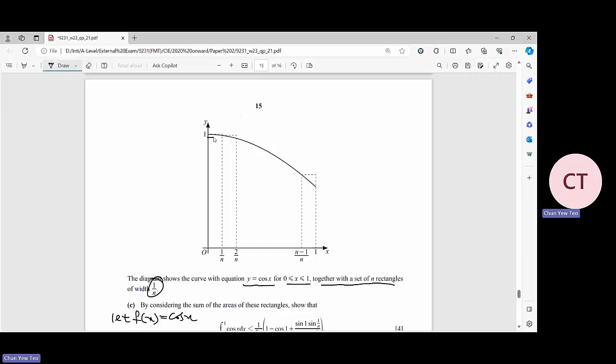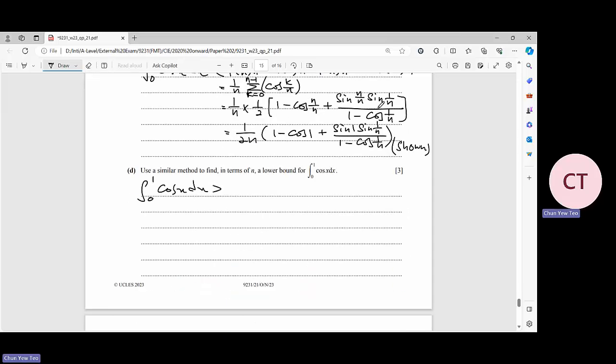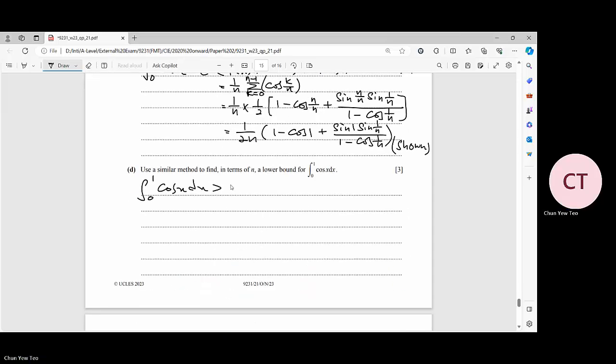It will be this, and the last one will be this. So your first height will be f1 over n, your second height will be f2 over n, and the last height will be fn over n.